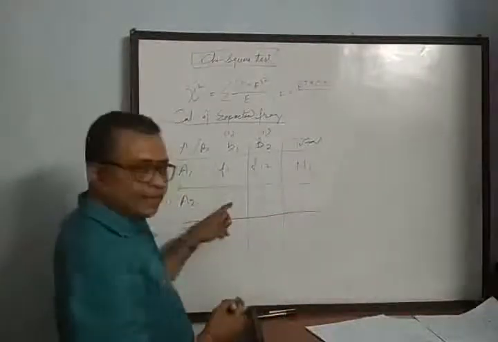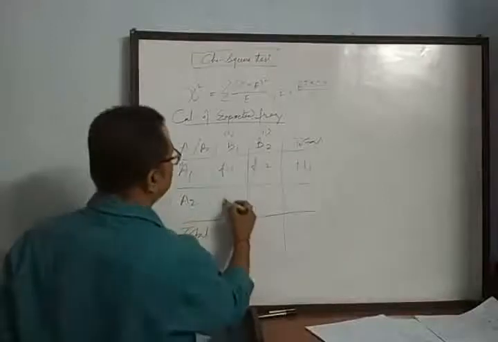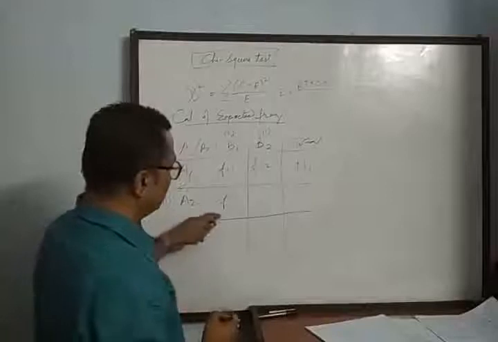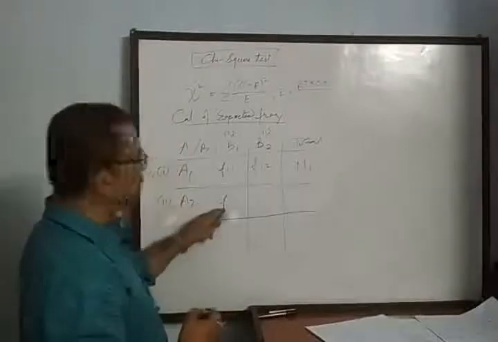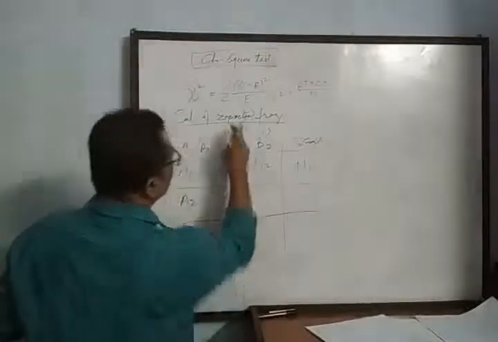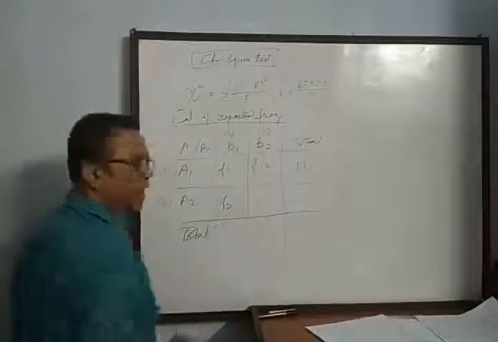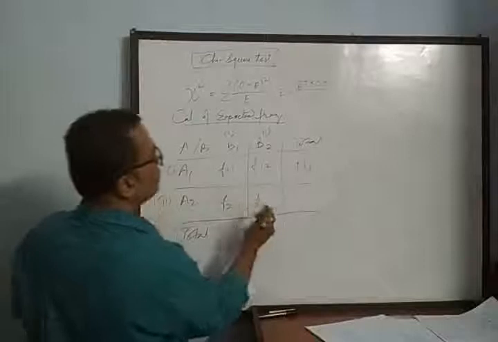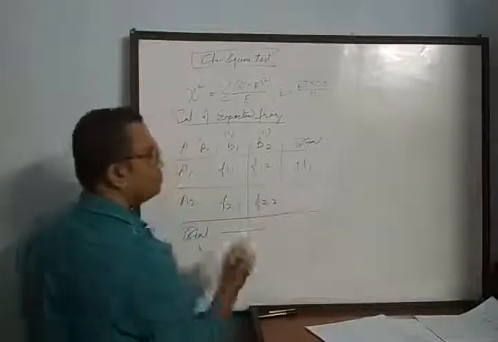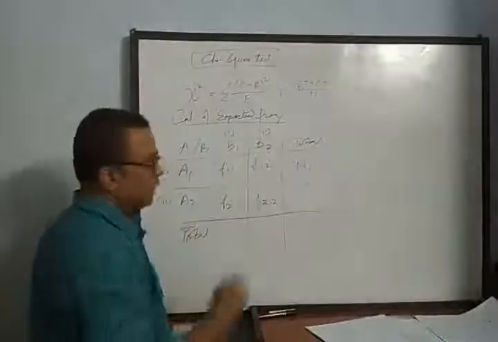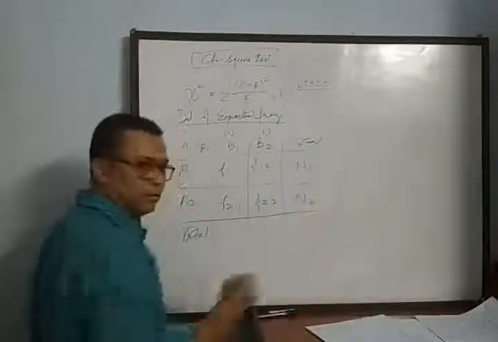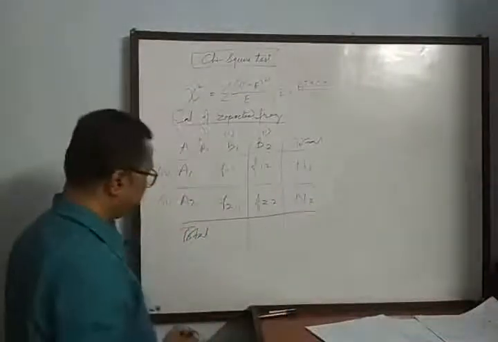Similarly, the name of this cell will be 2,1 and this will be 2,2, and the total of this row will be N2.